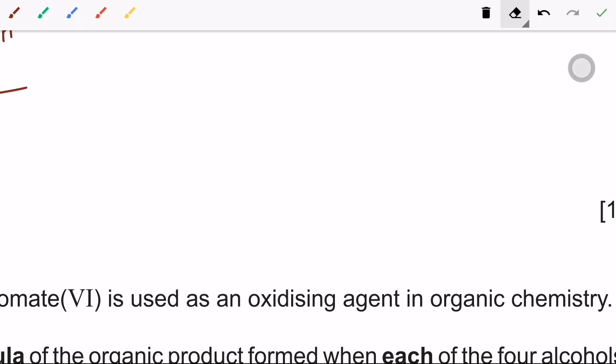I drew a displayed formula and erased it. Just don't draw a displayed formula, because you're not supposed to. You're supposed to imagine the molecule in your mind.